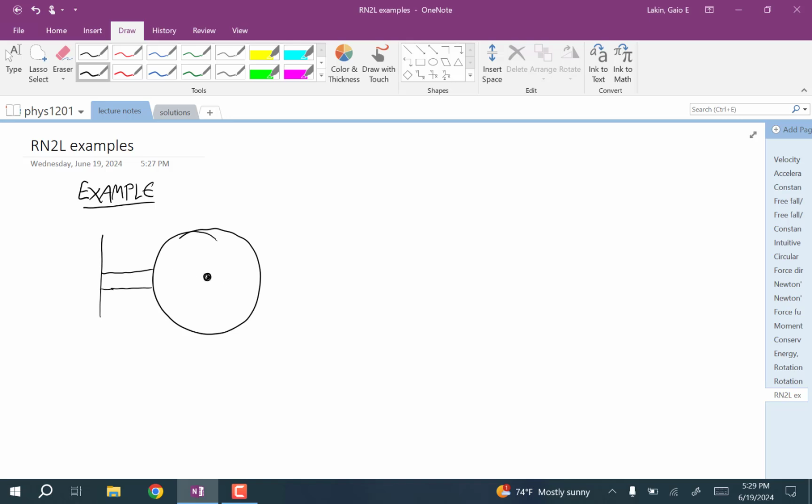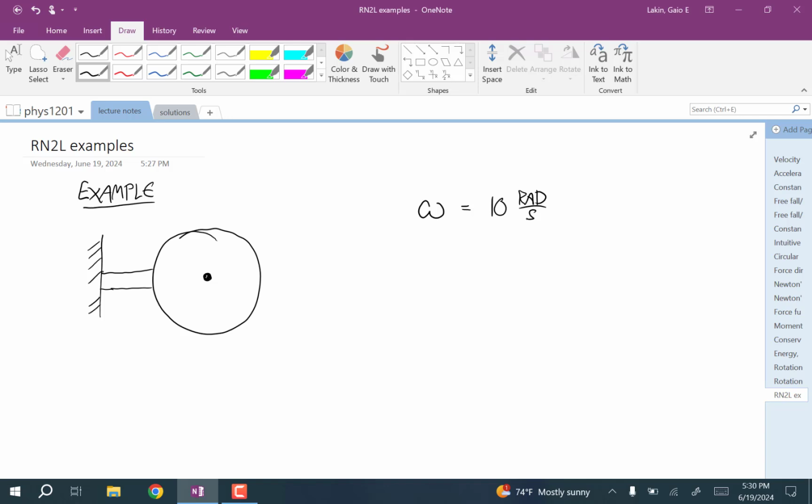This is sort of like a pizza cutter looking thing. So this arm is connected to the center of the disk and connected to the wall. And at this instant, the disk has an angular velocity of 10 radians per second, positive, so that's counterclockwise.